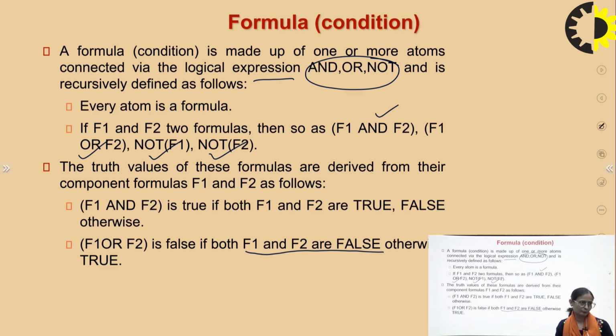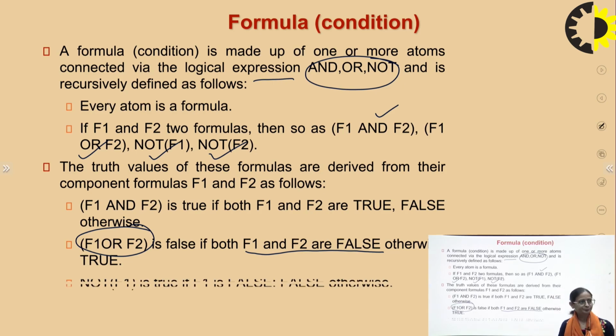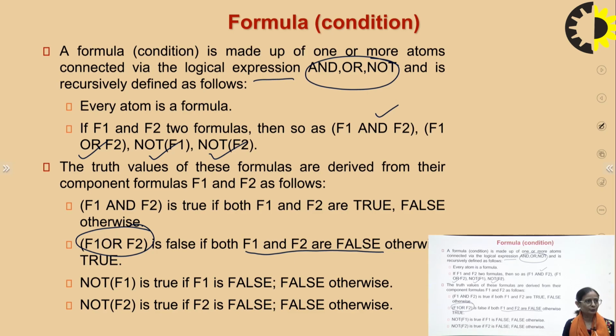That is, only if both F1 and F2 are false is this particular formula false. NOT F1 is true if F1 is false, that is, it is the complement of F1, and similarly NOT F2 is the complement of F2.